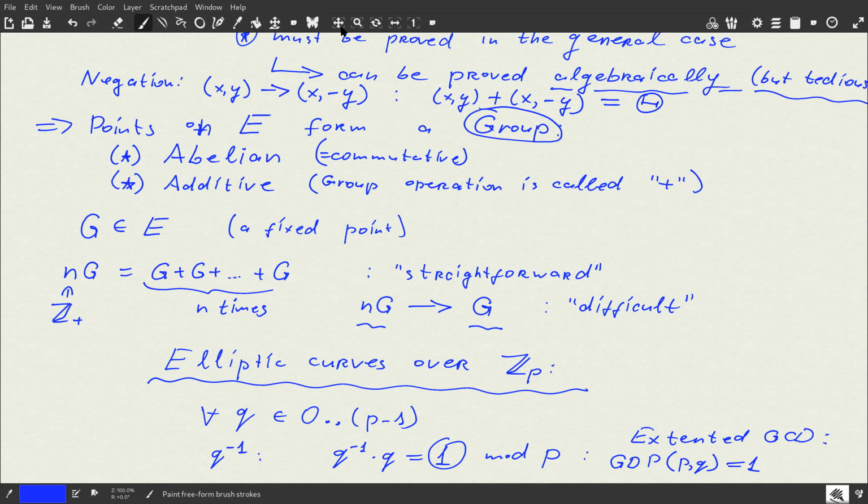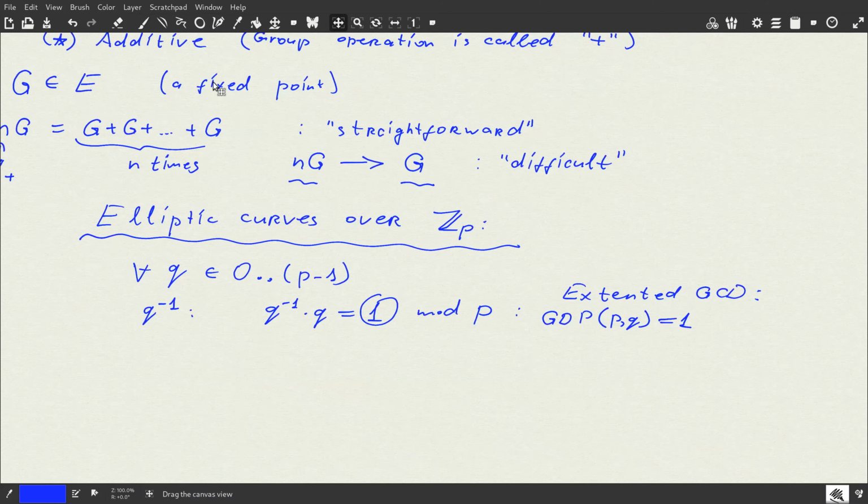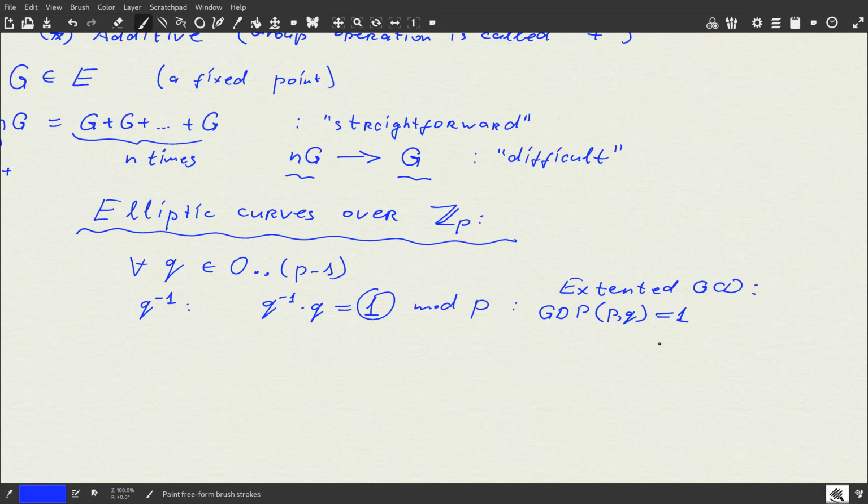But on the other hand, once we compute it using the extended GCD algorithm, it would be represented as A Q plus B P, and therefore the inverse of Q is precisely A modulo P. All right? So that's how that works.